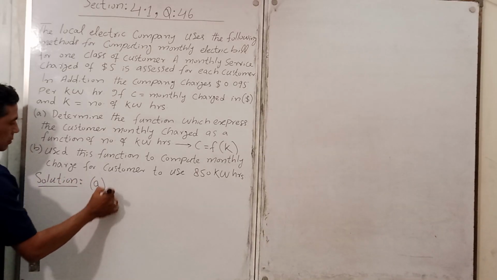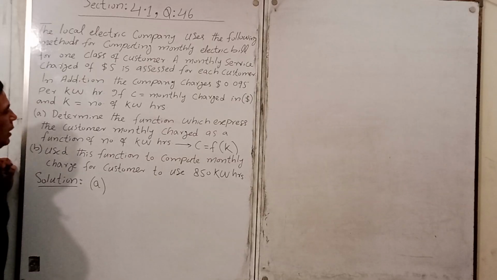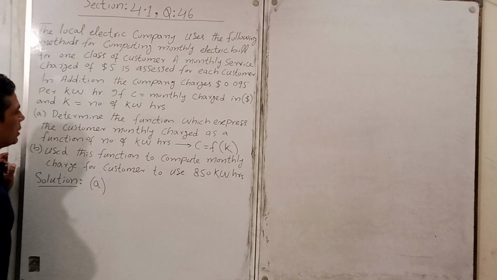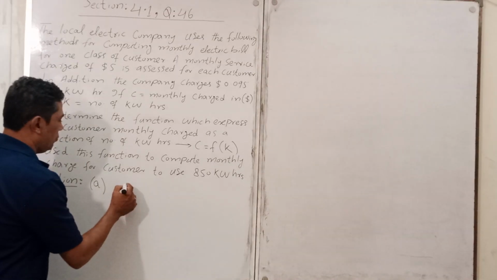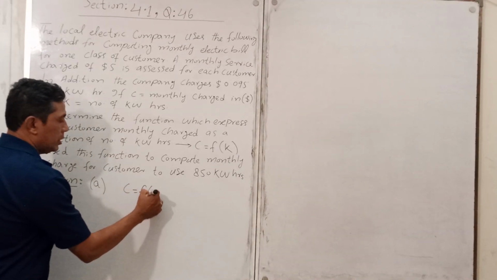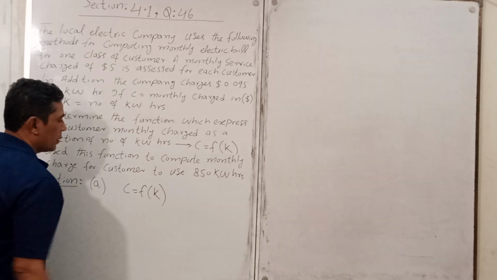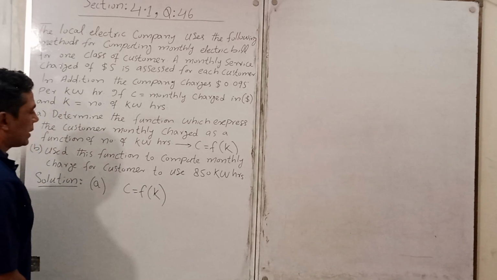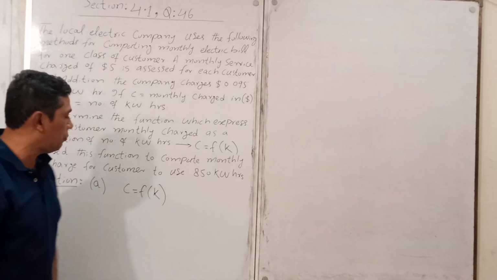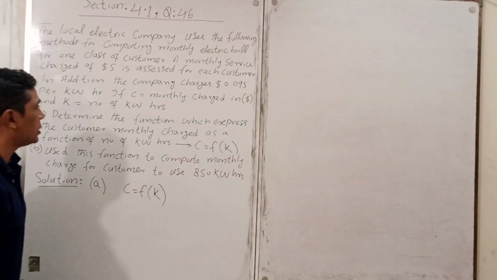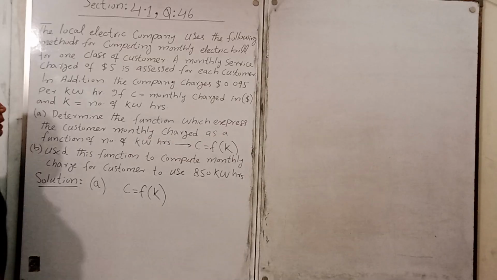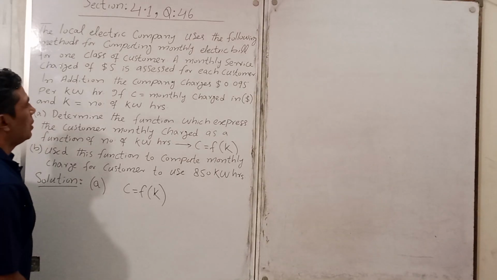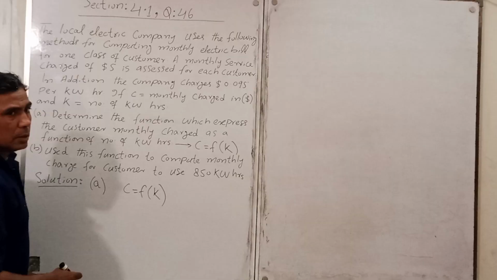Now first of all, the solution, part A: determine the function which expresses the customer's monthly charge as a function of K. So we can write here: the cost of electricity consumption is a function of K, the number of units we consumed in the month.